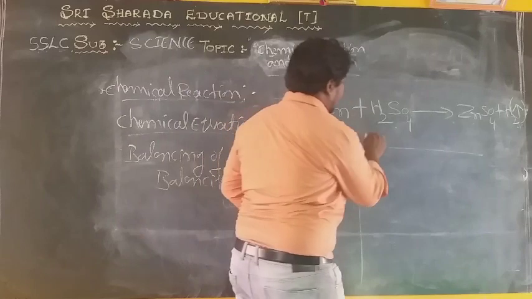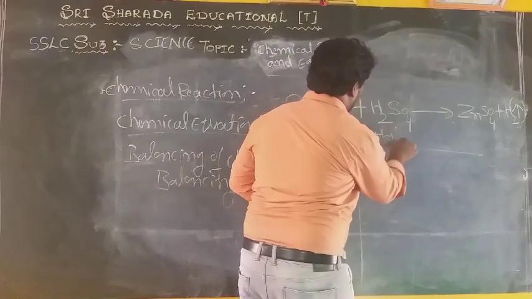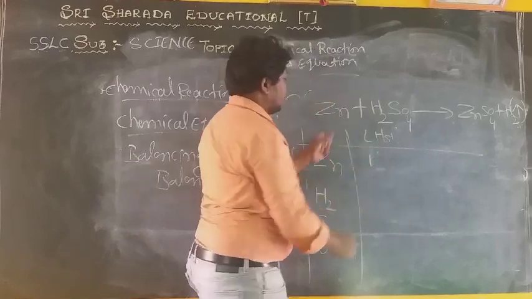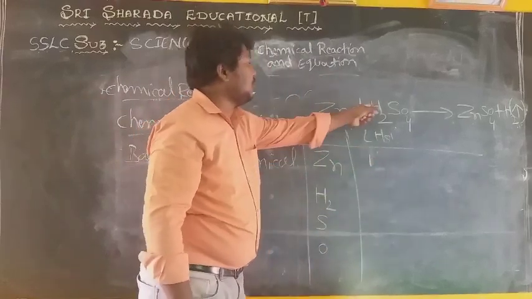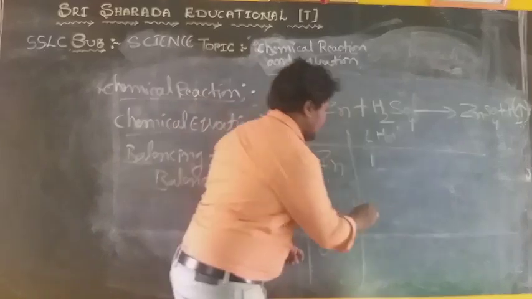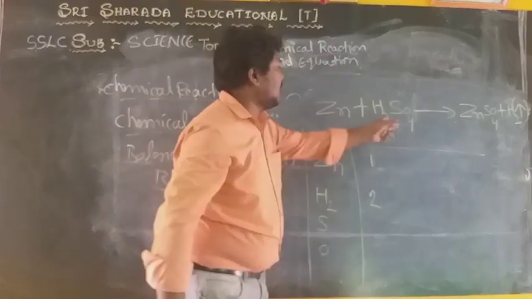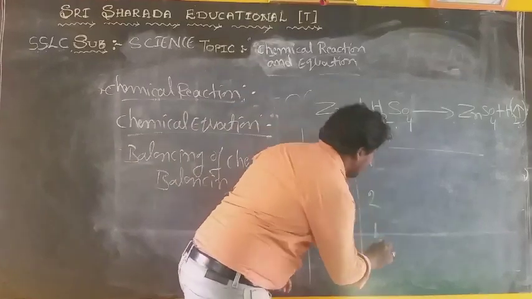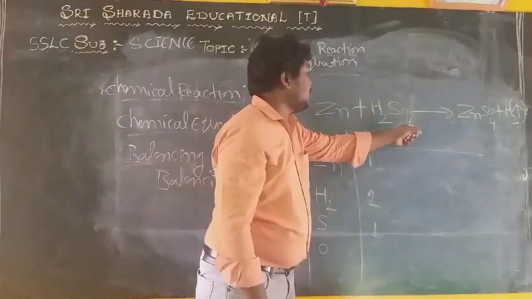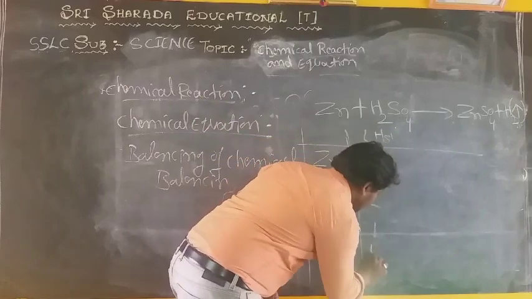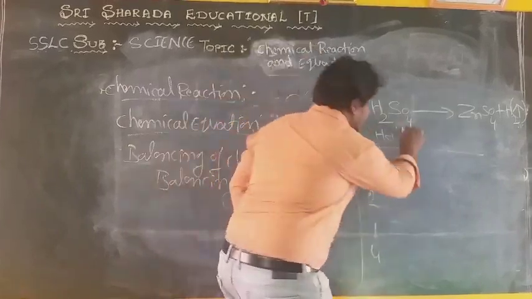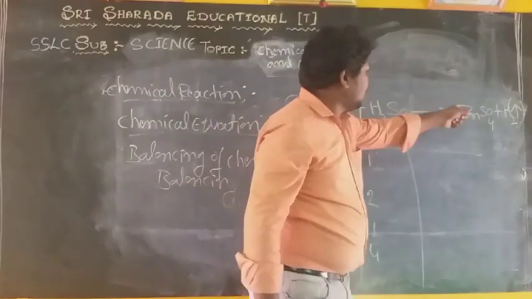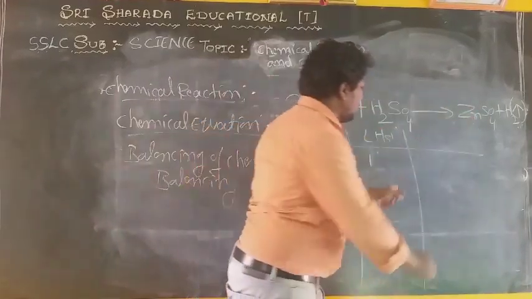And in the LHS, how many atoms are present? Zinc is 1 and hydrogen is 2. Sulfur is 1 and oxygen has 4. That is on the LHS. And if you observe the RHS, zinc here also has 1.